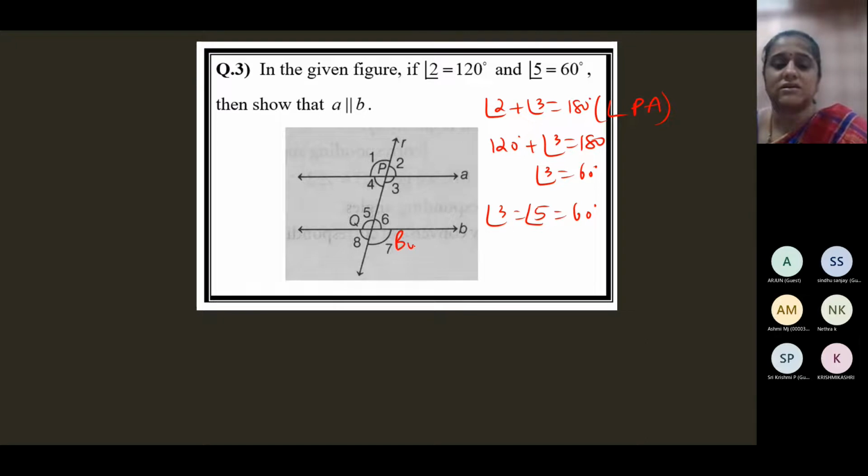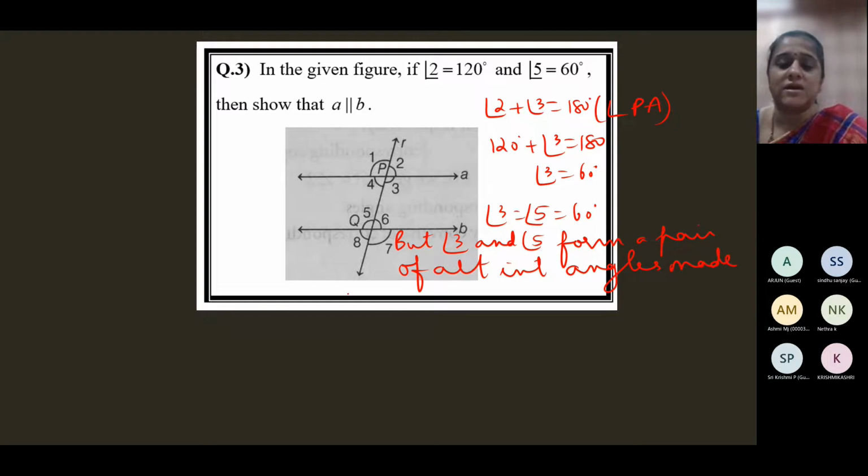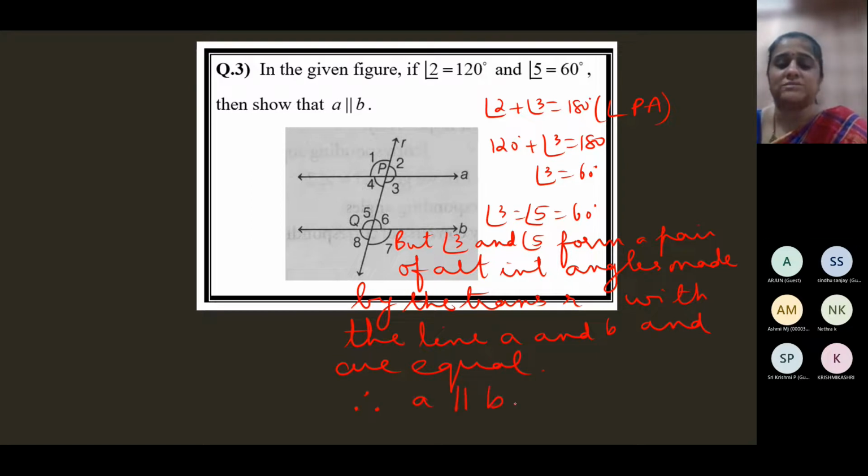But angle 3 and angle 5 form a pair of alternate interior angles made by the transversal R with the lines A and B, and they're equal. Therefore, A is parallel to B.